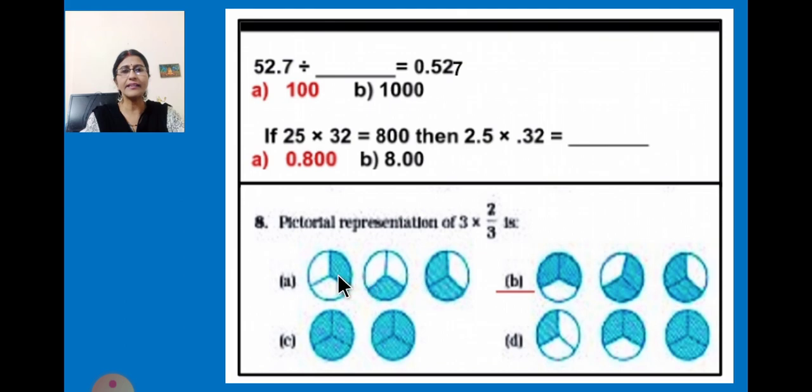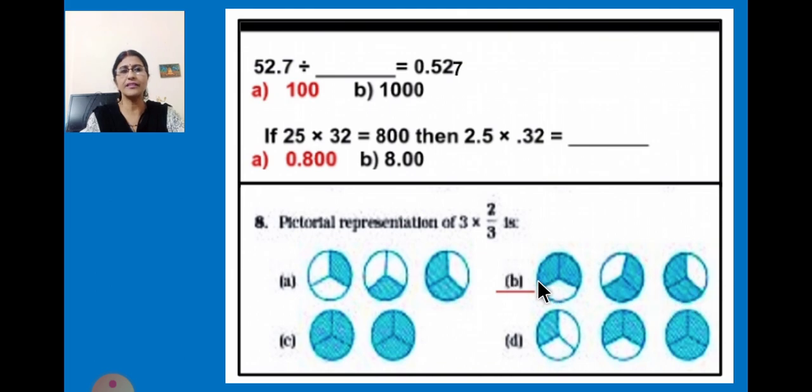You can see here, this is 1 upon 3, this one is 2 upon 3, and this one is the full whole, 1. So we'll take this one, 2 upon 3. You can see all are showing 2 upon 3, and then 3 times, 3 into. So we'll take this option. This is the correct answer.